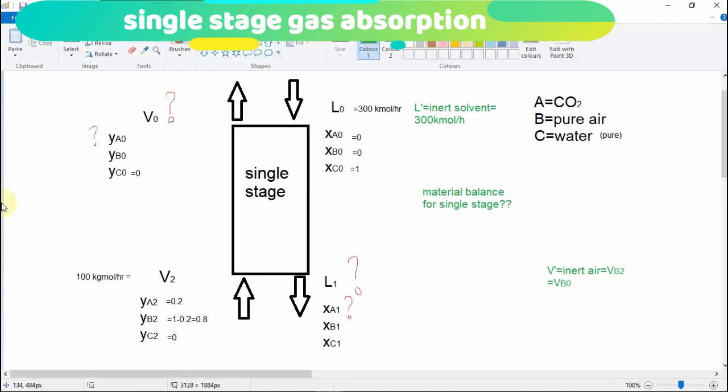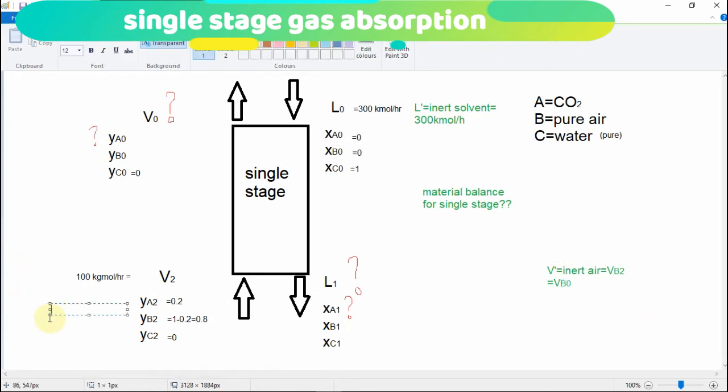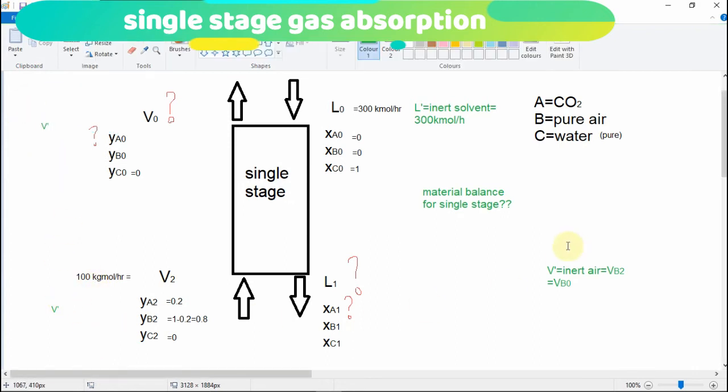So V prime will exist in the inlet gas stream, and also in the outlet gas stream, and the value for both will be similar. So VB2 means the total flow rate V2 multiplied by the mole fraction YB2 equals VB2.